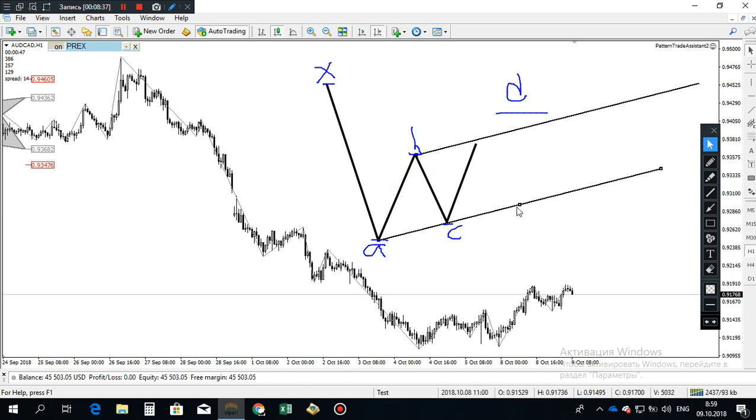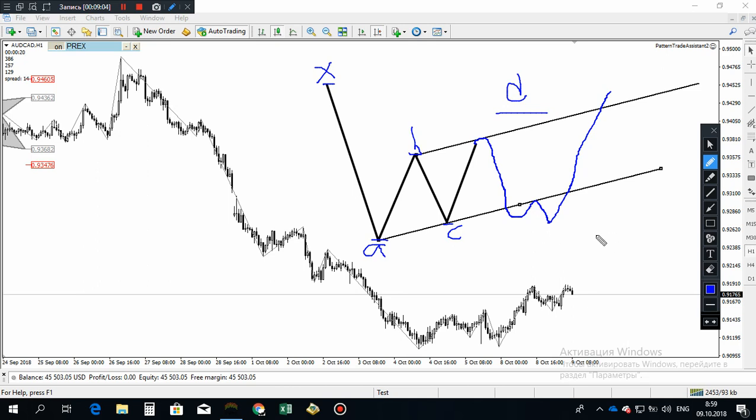Yes, and price should not break the channel. It may exceed that channel slightly, but it should not break the channel. So if it goes this way, the channel is broken. The A to C movement, the A to C trend line is broken. Instead of a channel, of course, you can use the trend line.